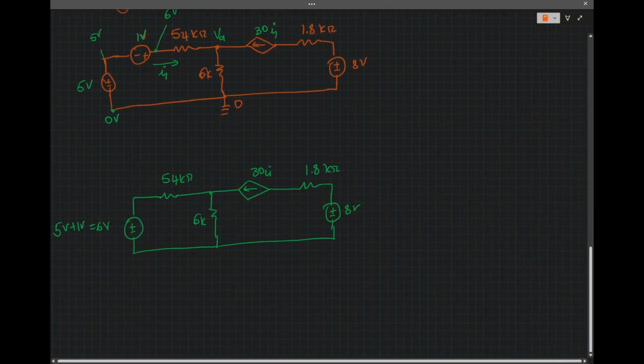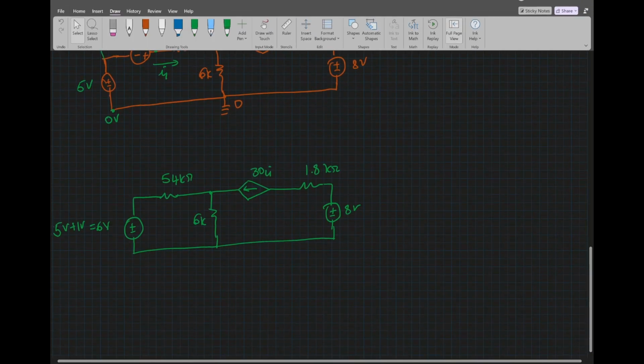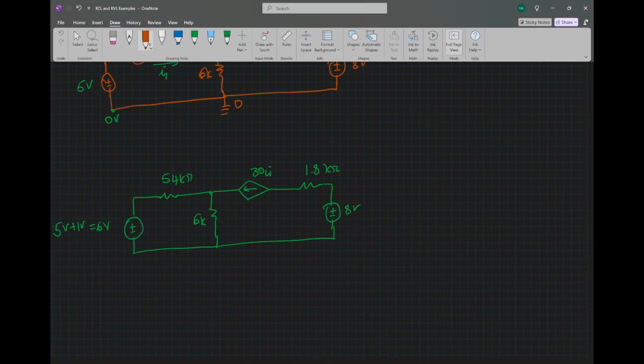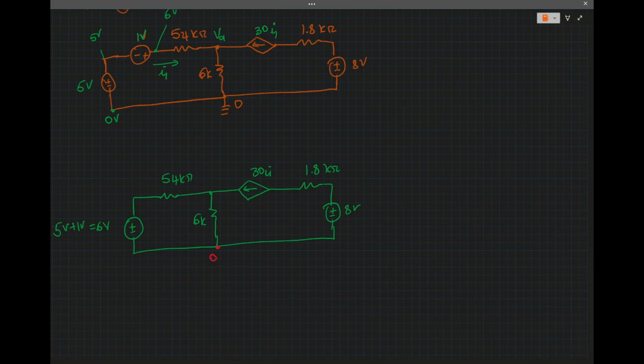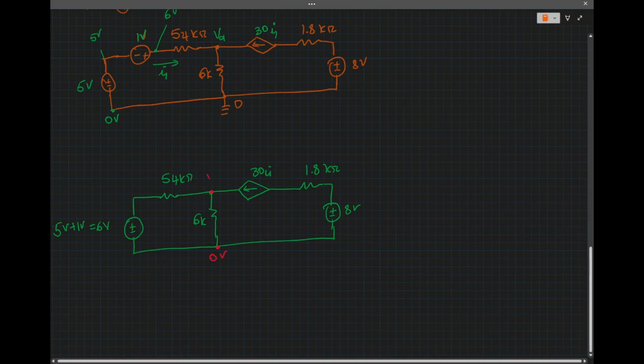Okay, so we know that this is 0 volt. This we call VA, the voltage at the node A.